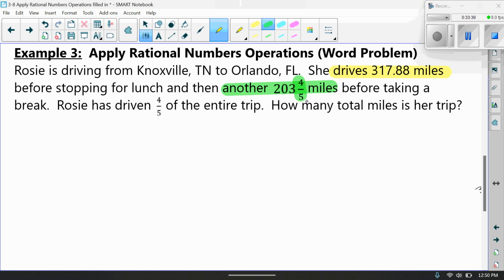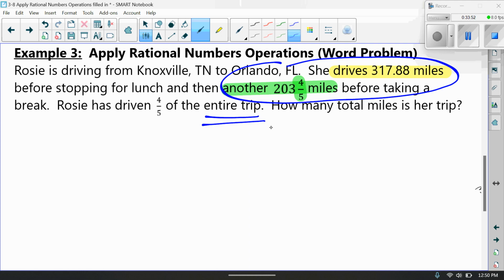Now, it says Rosie has driven 4/5 of her entire trip. So that means, you guys, when we put these two things together, that's 4/5 of the entire trip. Okay? What does of in math mean?